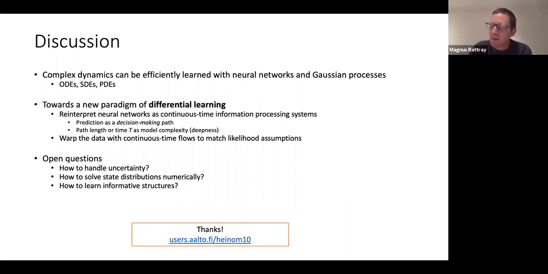I've got a question. It's really interesting to think about this new paradigm of differential learning. I was wondering, what does learning theory look like in this paradigm? In particular, what functions are learnable, and are there restrictions on the topology of the data?